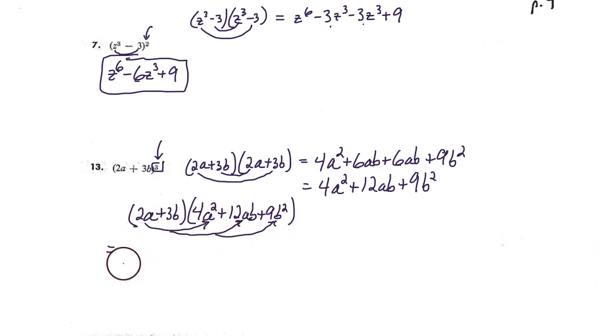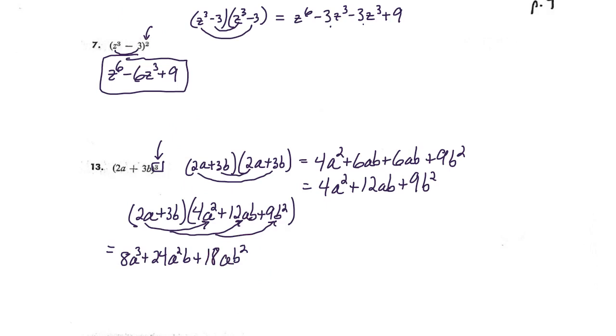2a times 4a squared is 8a cubed. 2a times 12ab is 24a squared b. 2a times 9b squared is 18ab squared.